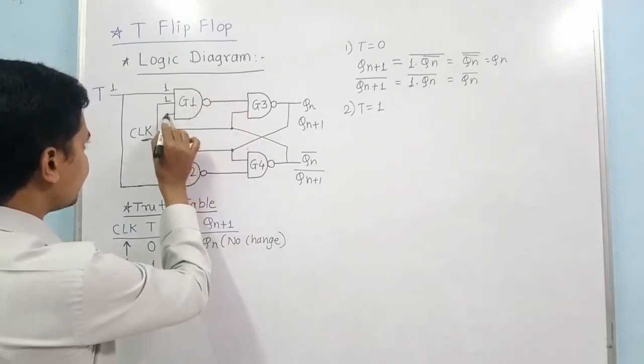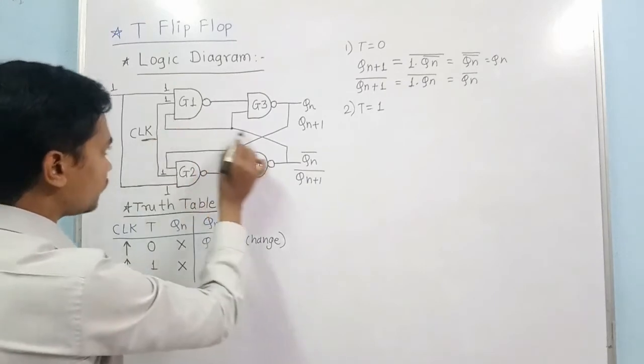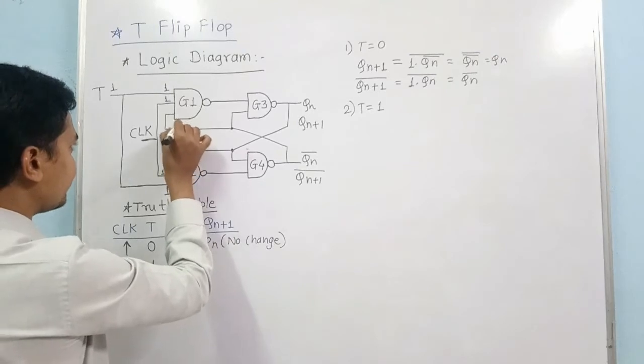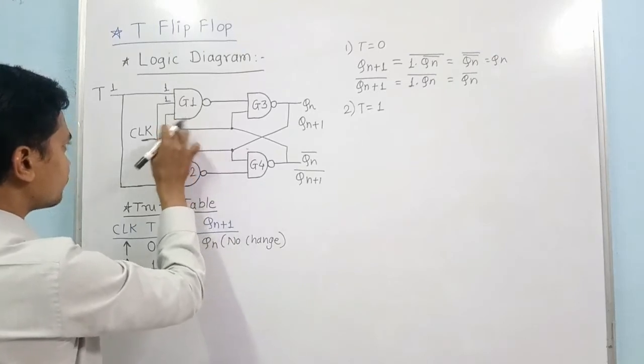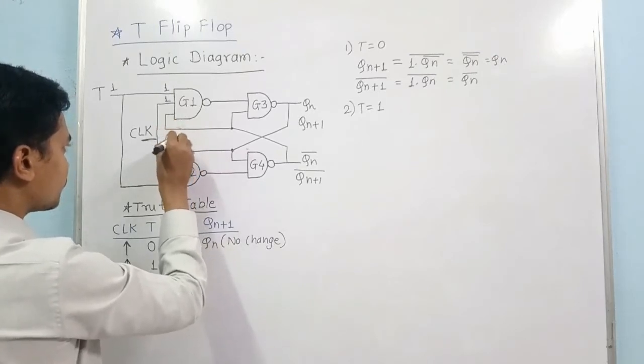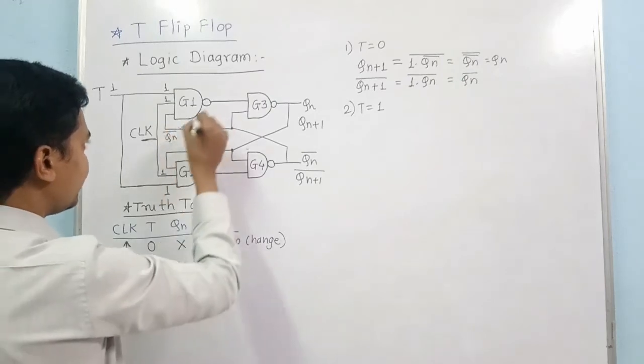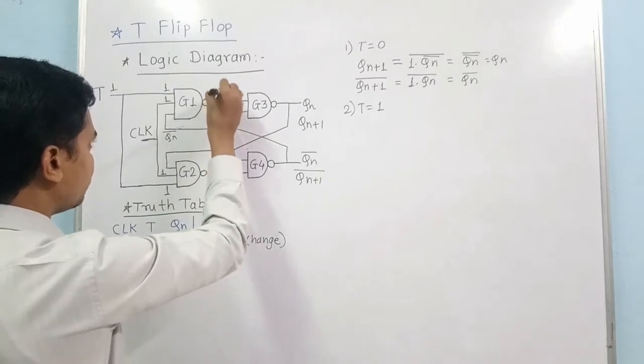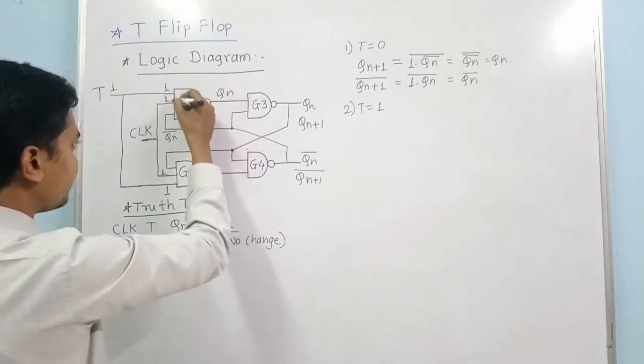So what is the state on this line? That is Qn bar. Qn bar is coming on this line, and if this is Qn bar, the output of the NAND gate will be Qn, because all other inputs are 1, 1.